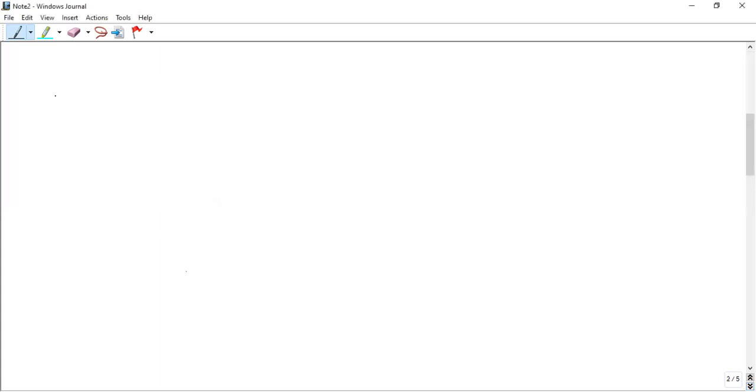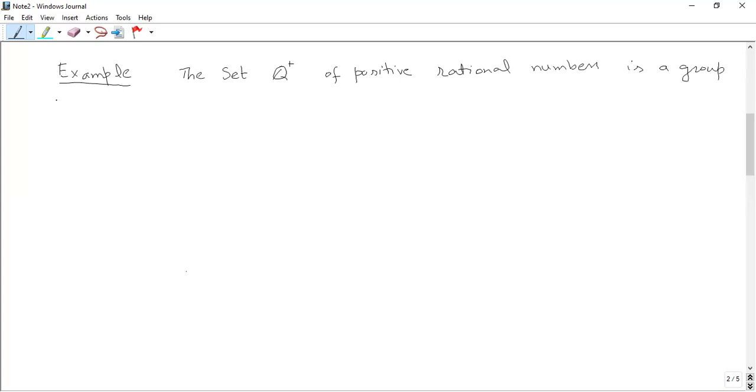Okay, we start with a simple example, that is the set Q plus of positive rational numbers is a group under ordinary multiplication.